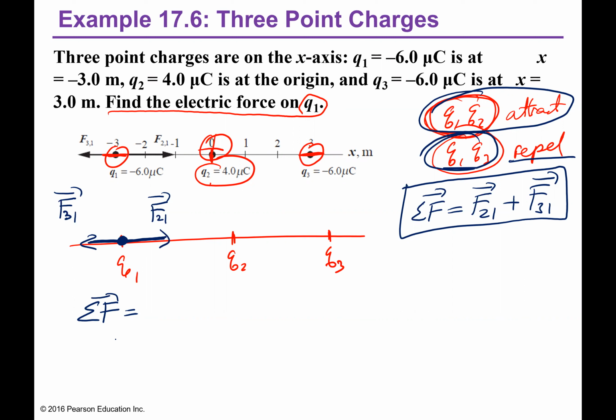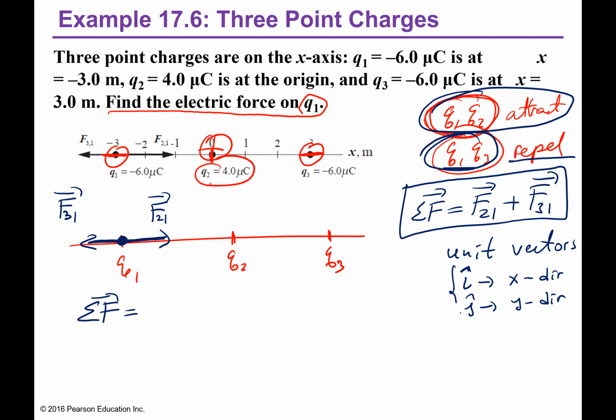In physics classes, sometimes we use unit vectors to represent direction. So I can use I hat to represent the x direction, and J hat to represent the y direction.